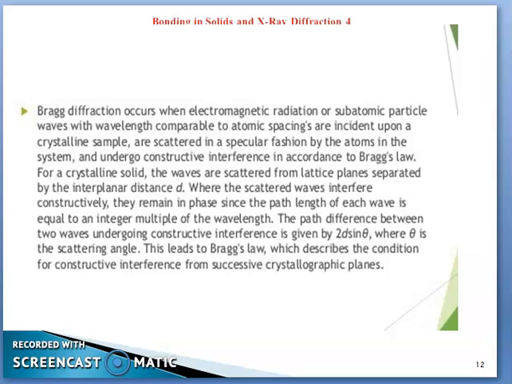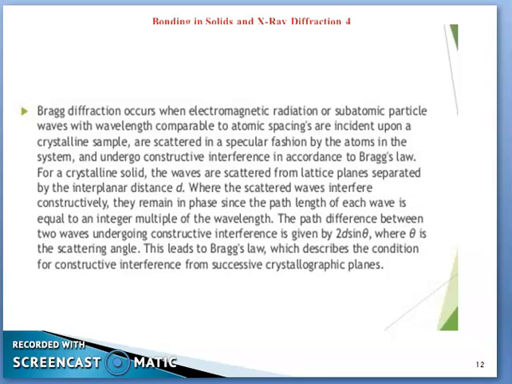So Bragg's law gives us the relation n into lambda is equal to 2d sin theta, where d is the interplanar distance, the distance between two planes of a crystal, and theta is the angle between the incident X-ray and the plane of the crystal.